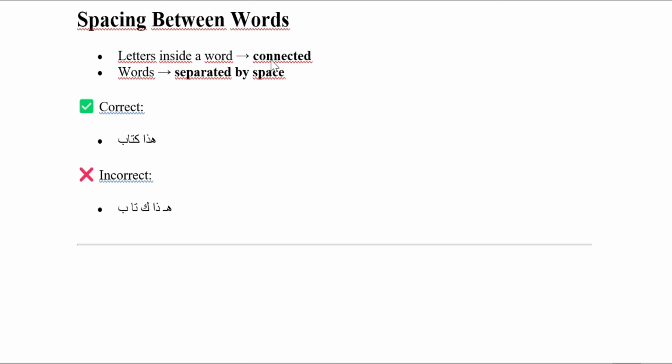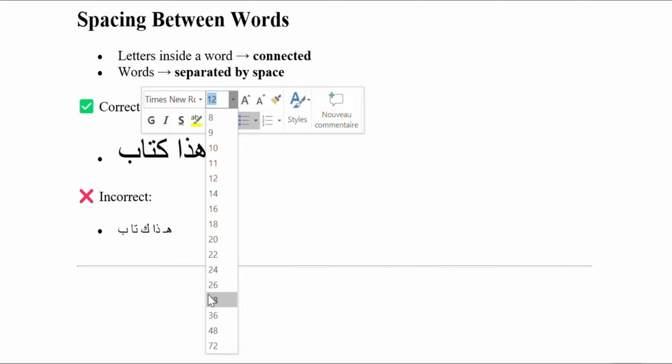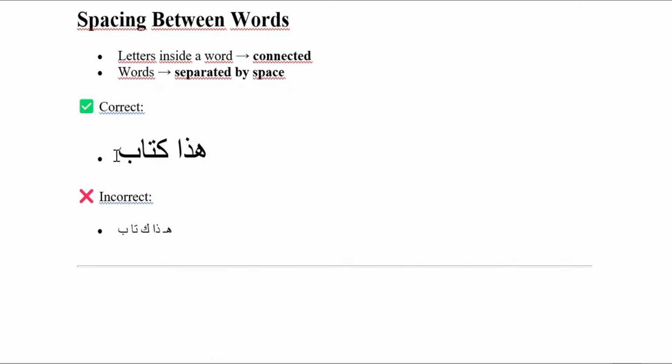Let's talk about spacing. If we have one word, the letters inside that word should be connected, but words should be separated by just a space from another word. For example, here we have this sentence, هذا كتاب.